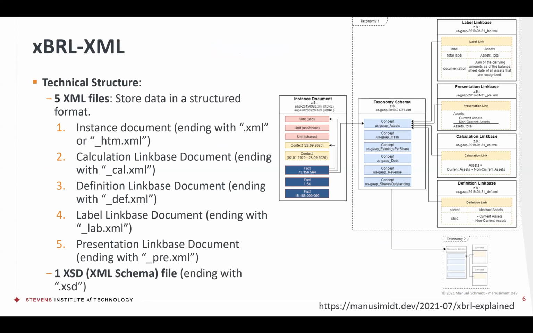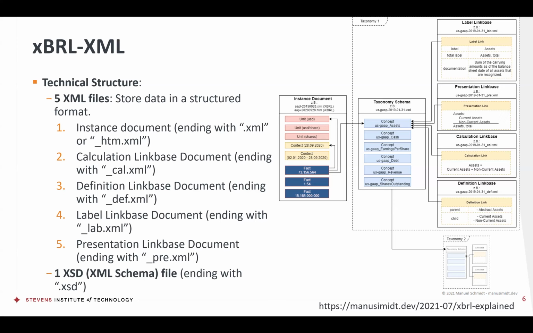Definition and label link bases add clarity on concept meaning. And XSD sets the structural rules. This robust structure supports detailed validation, which is why many regulatory bodies still rely on the XBRL XML format.